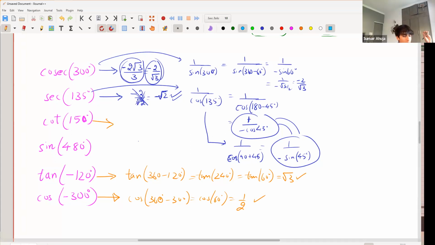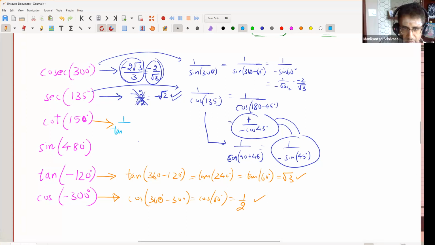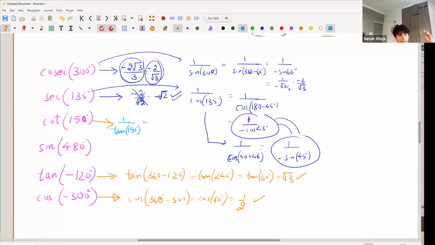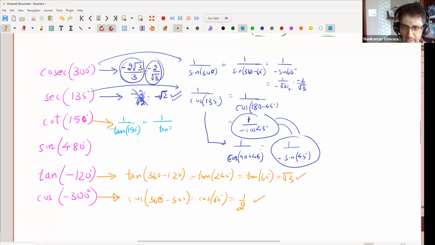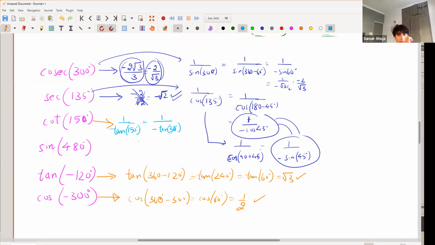Sumer, cot 150. We know cot is the reciprocal of tan. So I took tan 30, as 180 minus 150. Is it plus tan 30 or minus tan 30? It's minus because tan is negative in this quadrant.